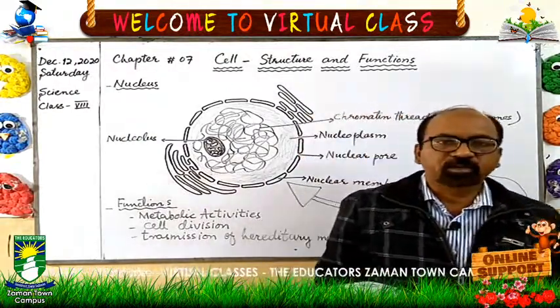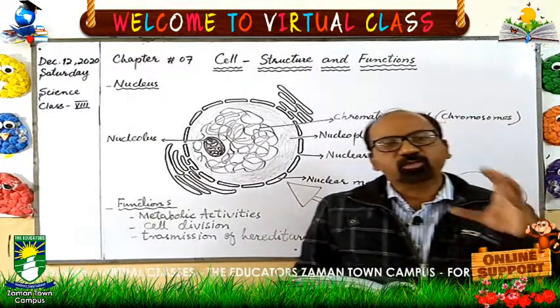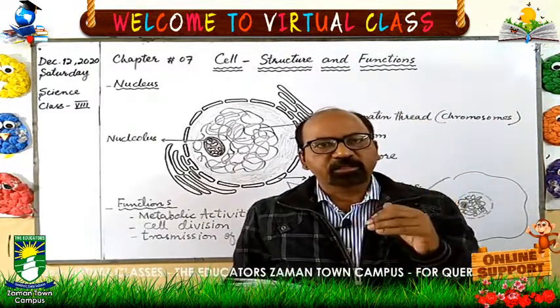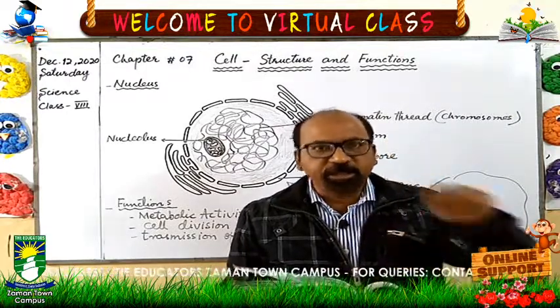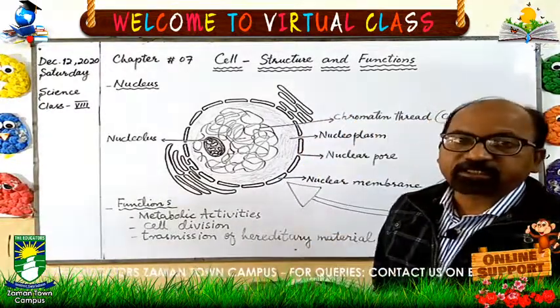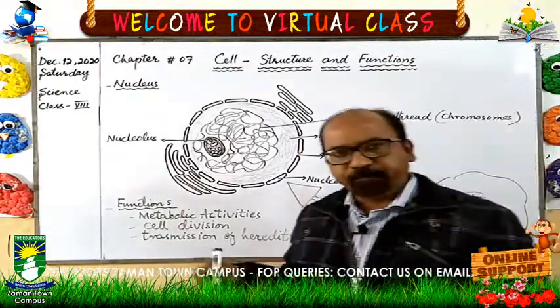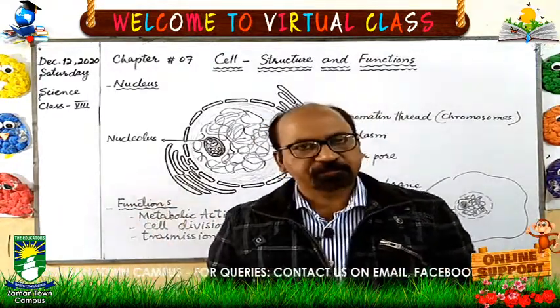So if the question comes, what is the difference between prokaryotic cells and eukaryotic cells, now it is quite easy for you to answer: all the cells having a nucleus with a nuclear membrane are called eukaryotic cells, and without a nuclear membrane, they are called prokaryotic cells.